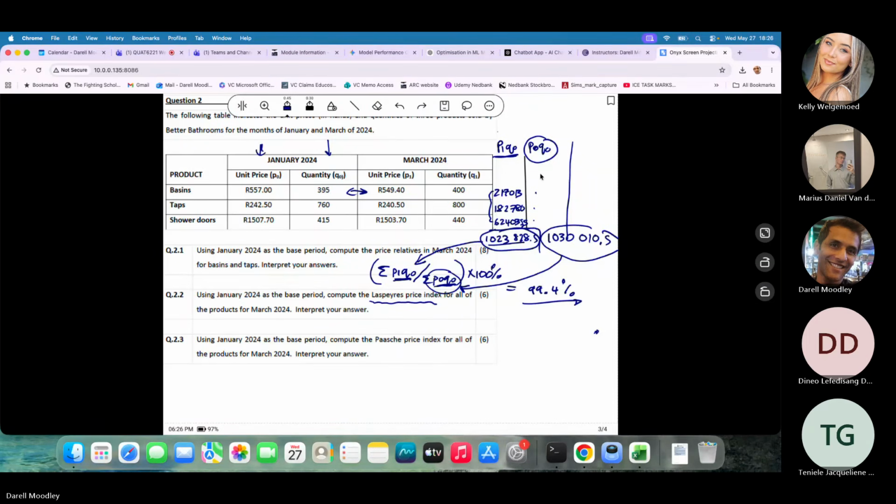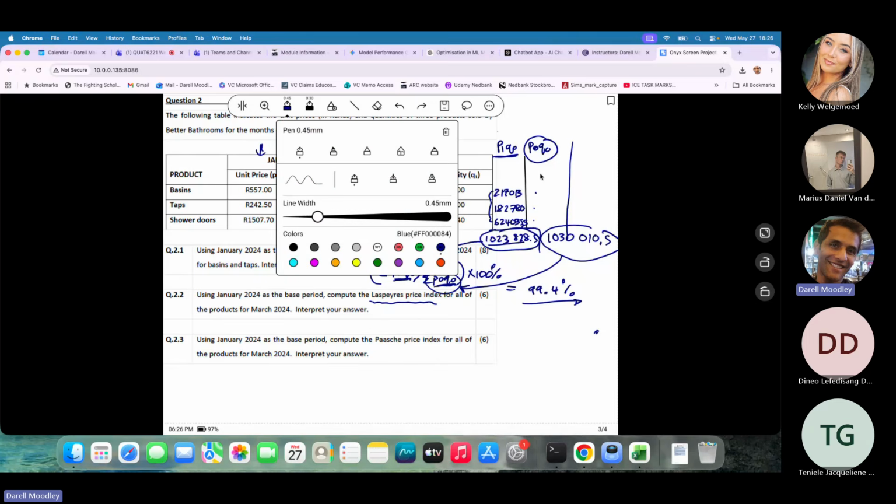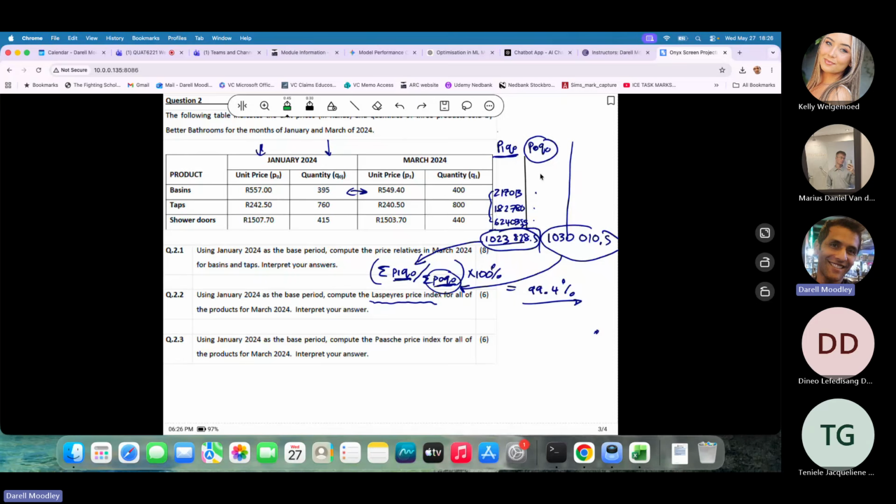Now you need to interpret it. Because it's the Laspeyres price index, you can look at your formula to see what's being kept constant. In other words, what is the same in the numerator and the denominator? If you look at the formula, you will see that Q naught is in both the numerator and the denominator. That's telling you that you're keeping Q naught constant.